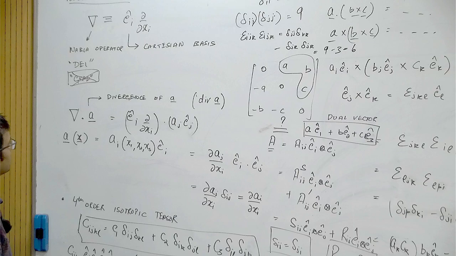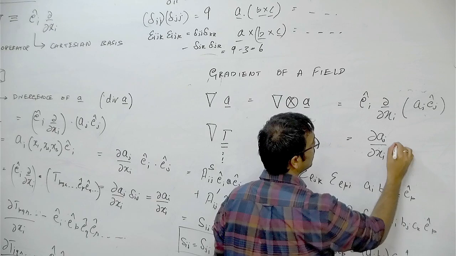Like tensor also. The definition is something like this for a vector: this becomes e hat i del by del xi of aj e hat j, and this is del aj over del xi e hat i e hat j.